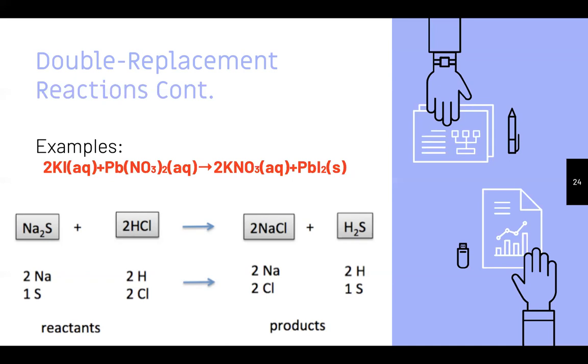You can see how those two just switch, and it even shows you at the bottom how to balance it, with two hydrogen needing to be on both sides, and two sodium needing to be on both sides as well.